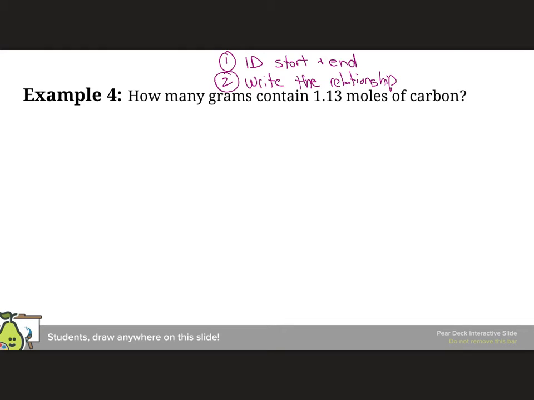You're like, oh, that's easy. Why didn't I get that before? But it takes different amounts of time to get there. You have to be willing to stay with it, and eventually you can get there. So you write the relationship, and then you set up the dimensional analysis. All right, so go ahead and do that, or stop the video, do that, and then start it up again when you're ready to go.